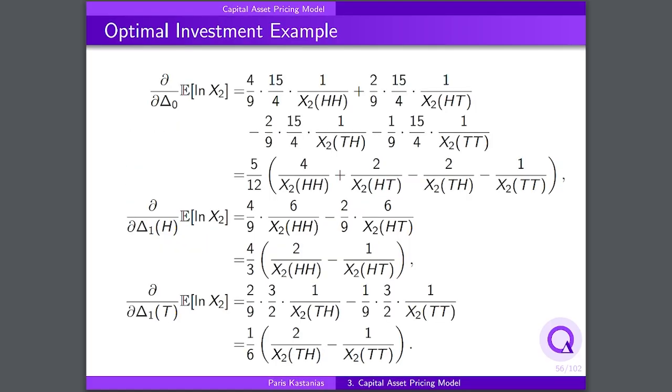Then for the optimizing here, this isn't exactly Lagrange stuff yet, but we take the partial derivatives with respect to delta 0, delta 1 h and delta 1 t. Do you know what partial derivatives are? A partial derivative is like considering one variable.